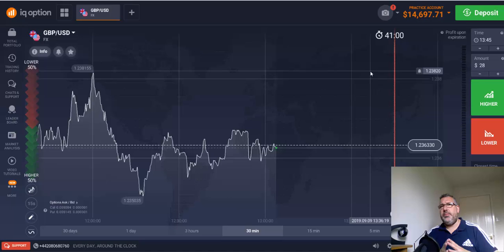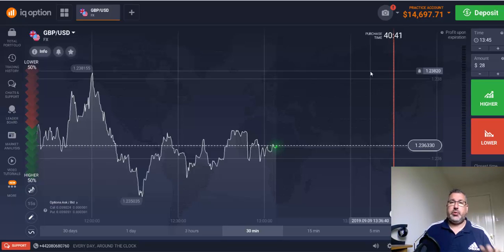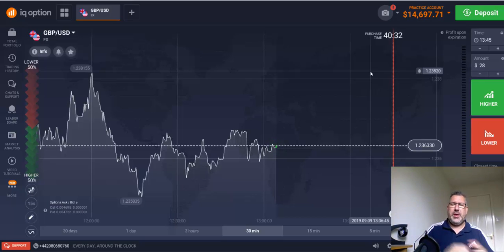I remember it was around the time that Trump was inaugurated into presidency, and in the space of about half an hour I managed to move my account from $100 to $300, just trading it. I think it was about $10 a time, purely because of the news that was coming out, and it was a massive increase of the pound to the dollar.